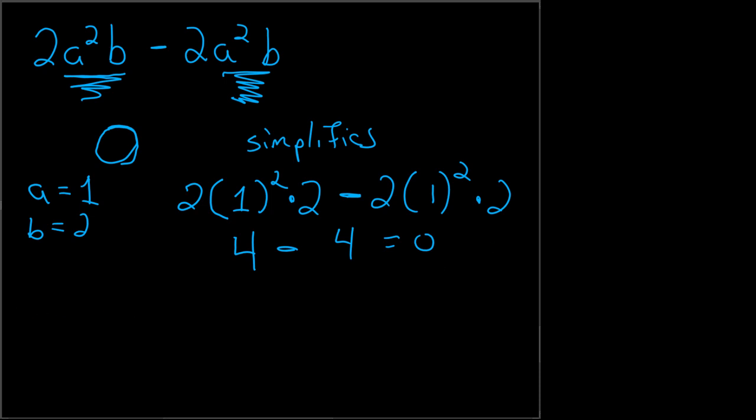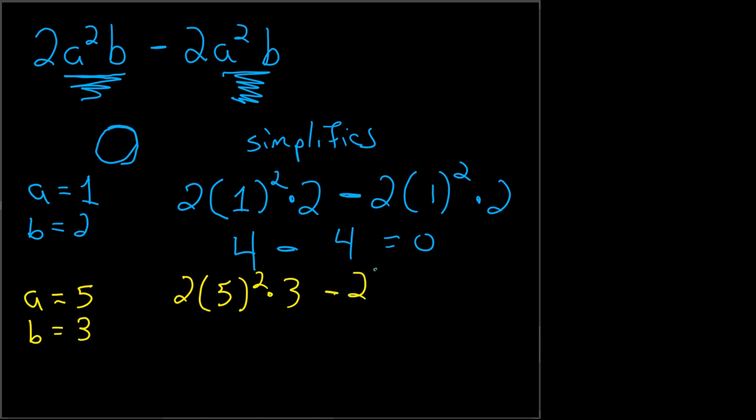All right, well, maybe I just picked the right numbers. So let's try something else. Let's say a equals 5 and b equals 3. So 2 times 5 squared times 3. Right, because I have my first 2, I put 5 into the a squared, and I put 3 into b.